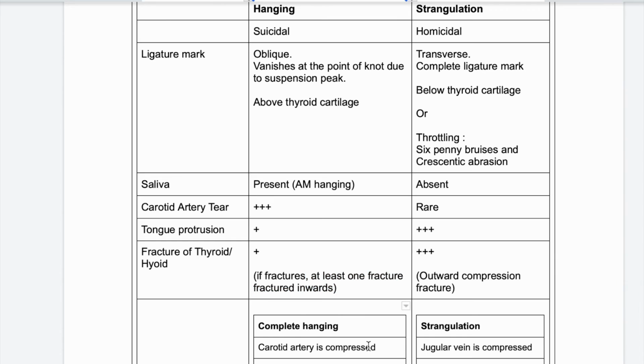So the carotid artery is compressed in complete hanging, while in incomplete hanging the picture is more towards strangulation, because the force is not sufficient.